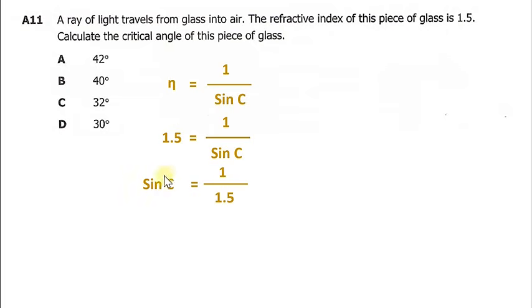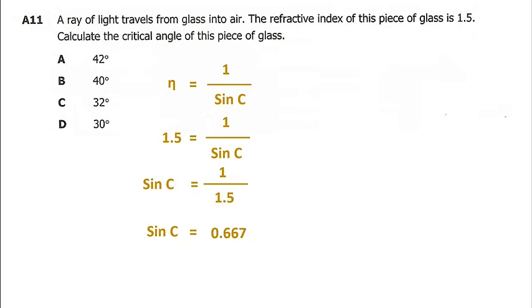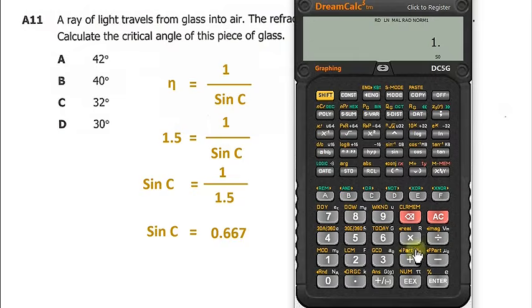So this is how it can be changed as the subject of the formula. Then from there, we still want to make C the subject of the formula. I first did 1 divided by 1.5 and got 0.6666, something like that. Let me just show you what I got so that you can appreciate it. When I did 1 divided by 1.5, I got something like this.